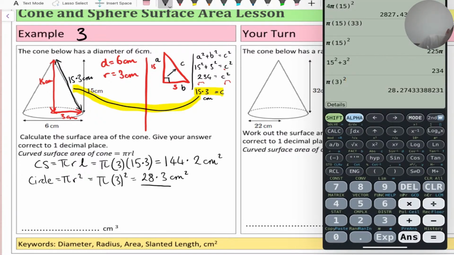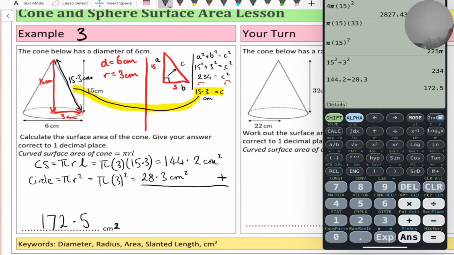And then I need to add both of these together. So 144.2 plus 28.3 is equal to a total surface area of 172.5 centimetres squared. That should be brilliant.